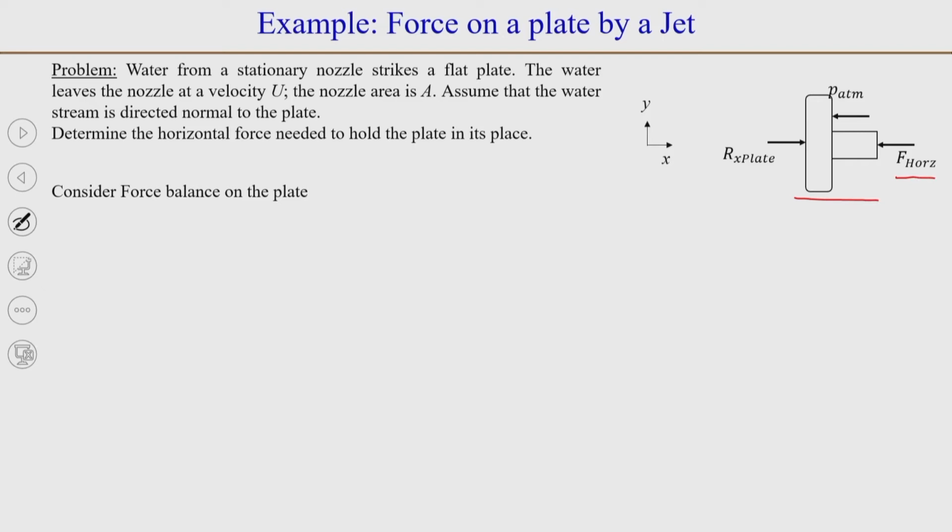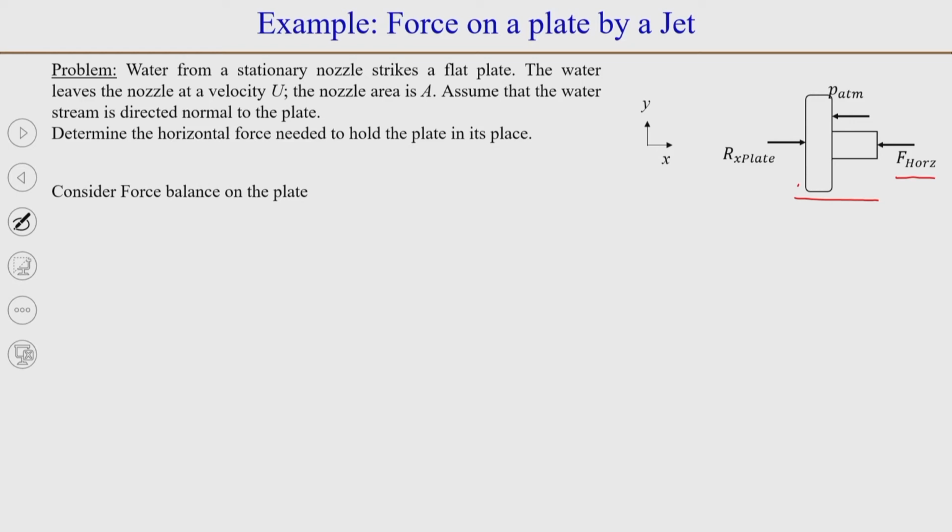Because the plate has to be held stationary, all the forces will balance so that the plate is in equilibrium. So, we will apply the force balance on this plate.